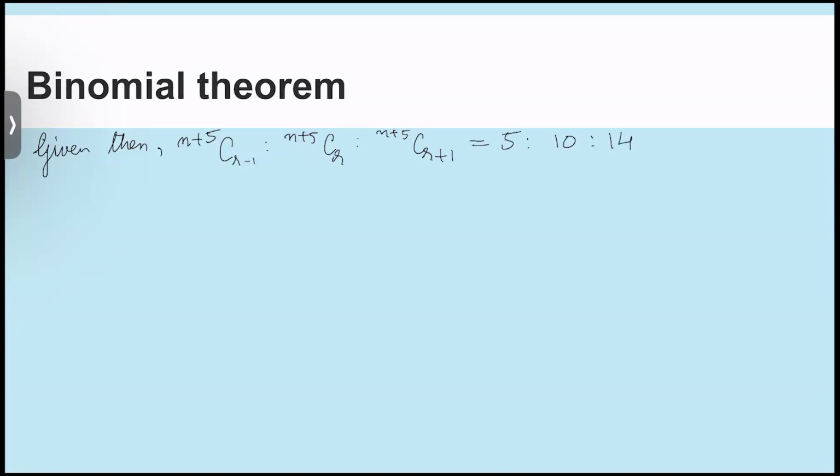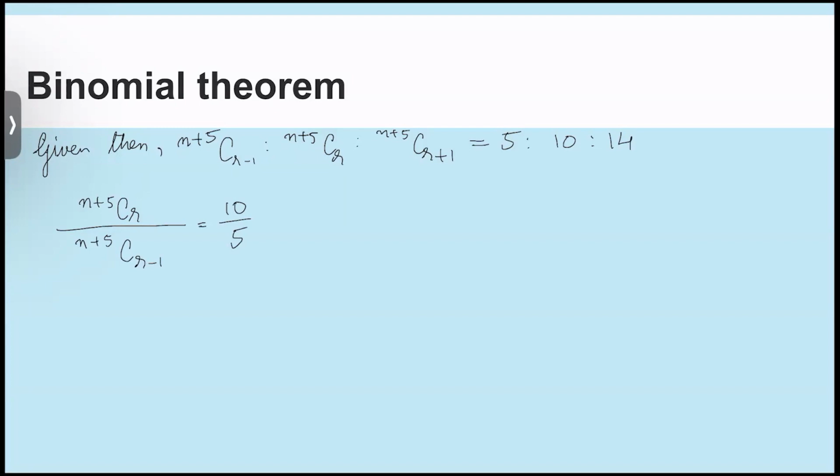Okay, so now let's take different ratios. The first ratio that we can take is n plus 5 c r upon n plus 5 c r minus 1. Okay, so this would be 10 by 5.